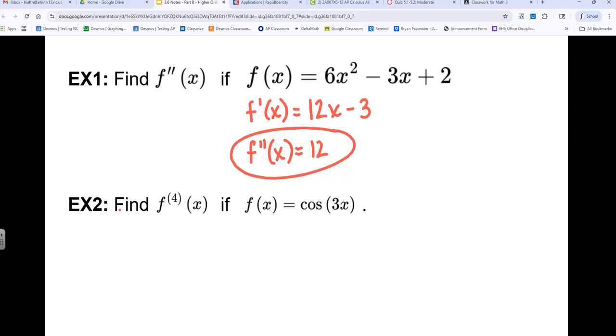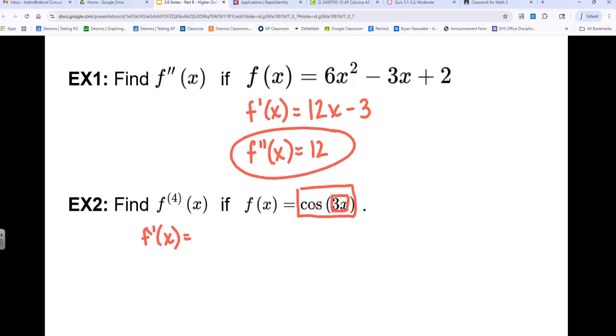So here they're asking for the fourth derivative, so we would start with f prime of x. Now, this is a chain rule problem, okay? Because you've got to take the derivative of cosine, and then you've got a 3x on the inside. If it was like 3x squared, it'd make this a hard problem. But it's just 3x, so it's not too bad.